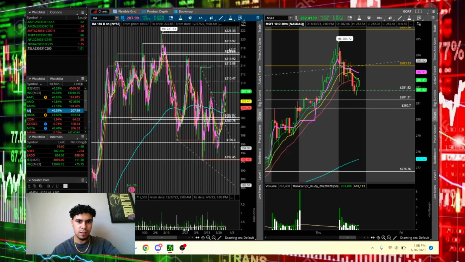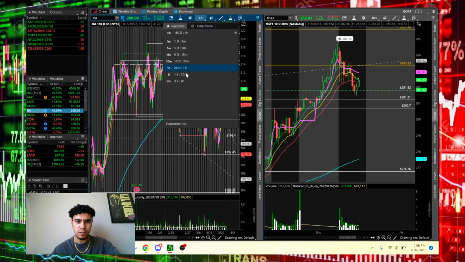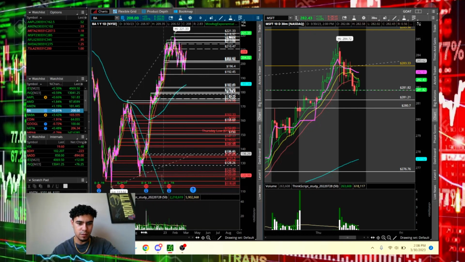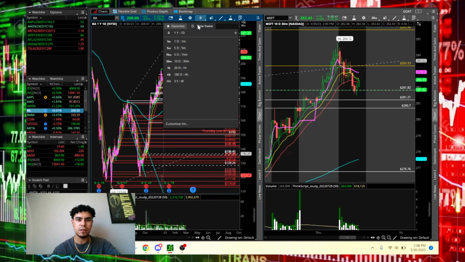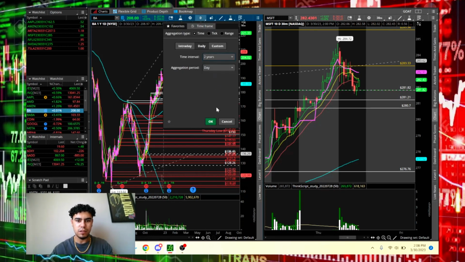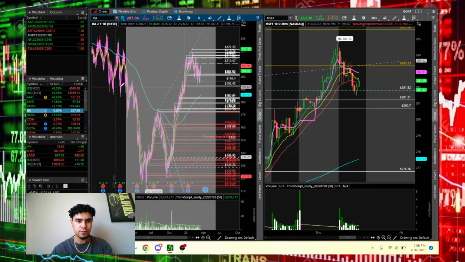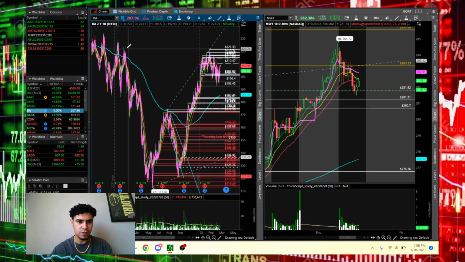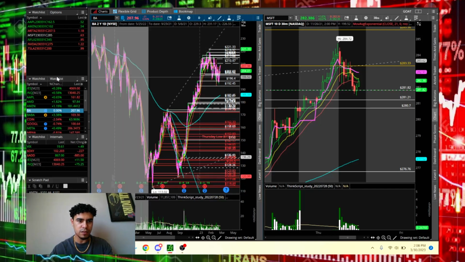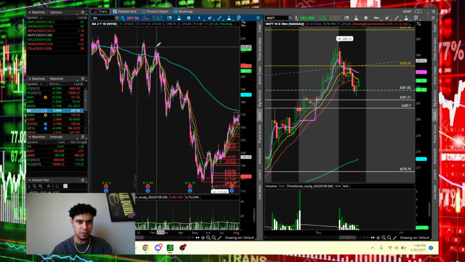And then after that, if you want to look for more targets, you'll come to a bigger time frame. Wow, even bigger time frame than that. Let's go to the 2-year. So after this 221, you get more resistances up here. Oh, whoops.